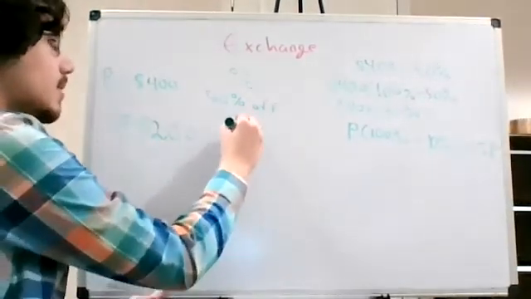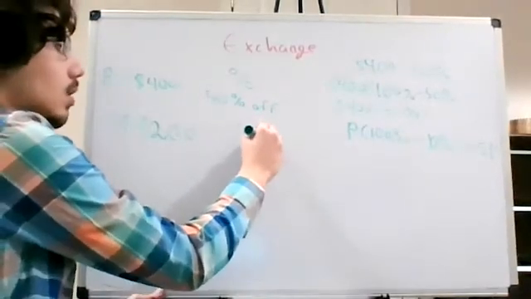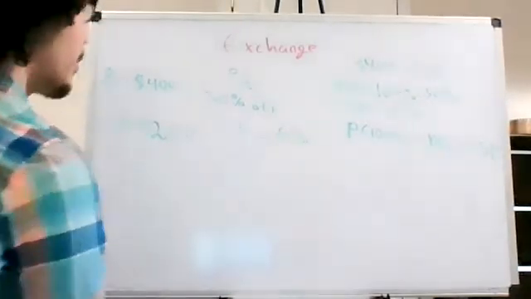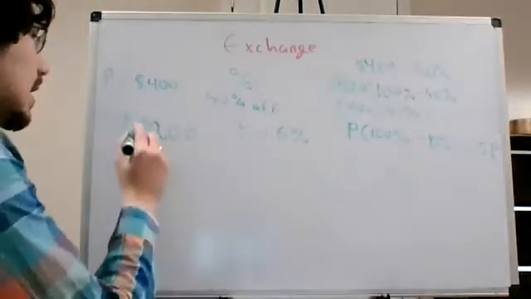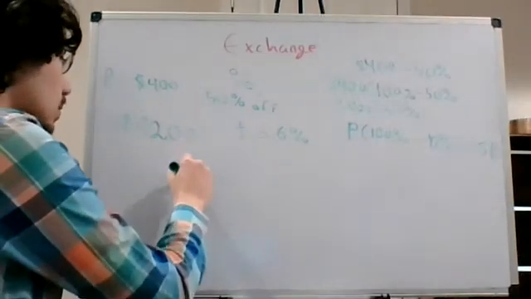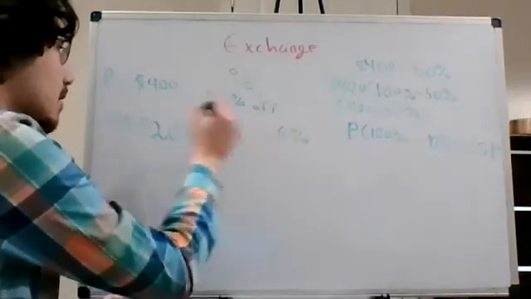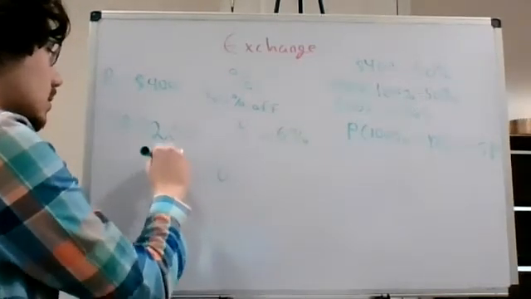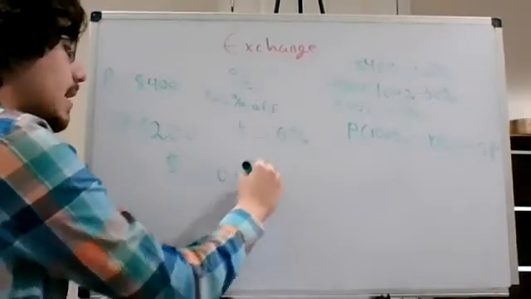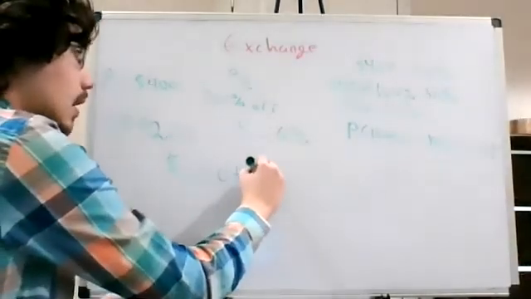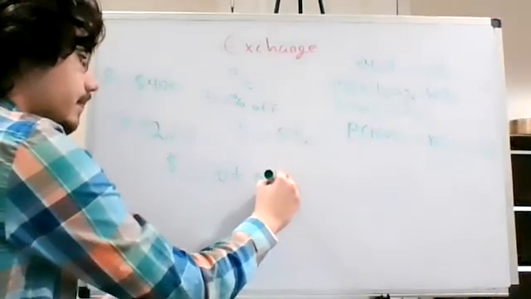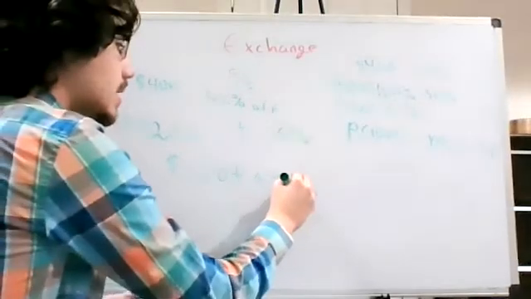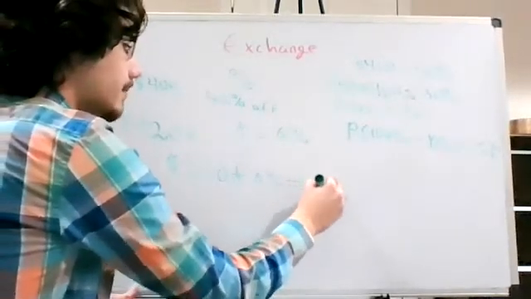If our tax percent, T, was, let's say, 6%, here's what we'll do. Since tax is added on to the sales price, we have our $200 plus the tax rate of 6%. So $200 plus the tax of 6% is equal to our final price.